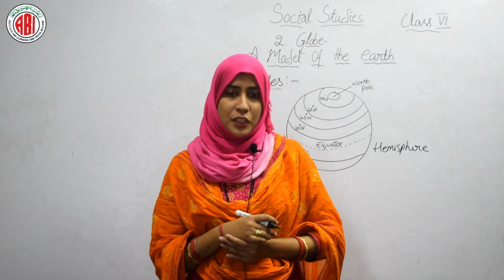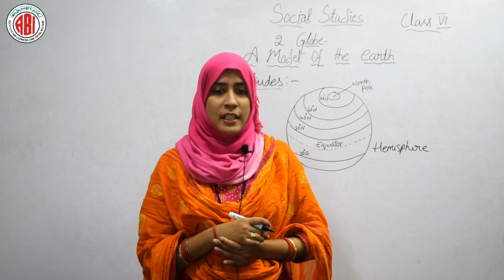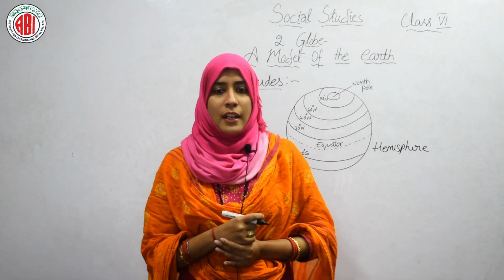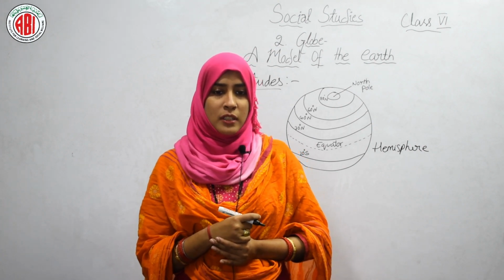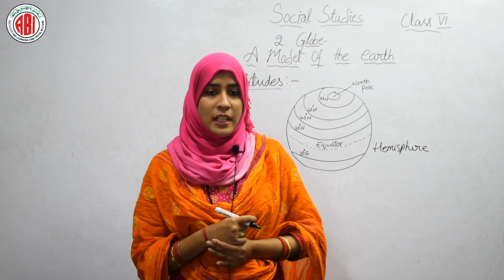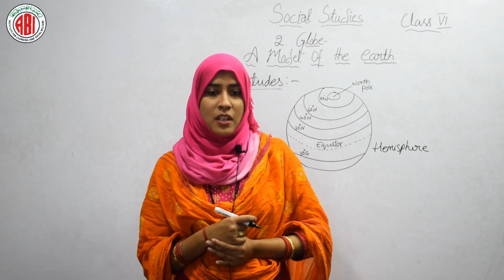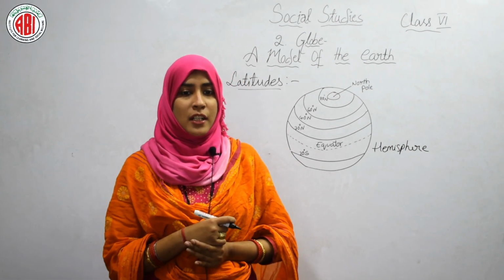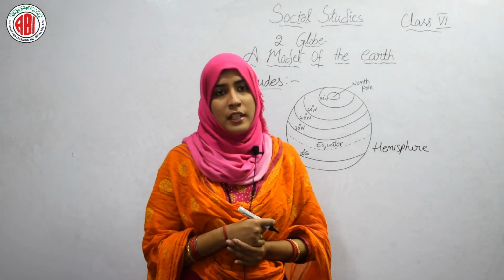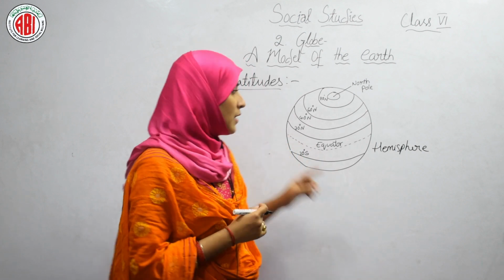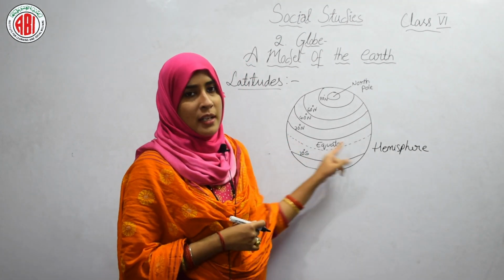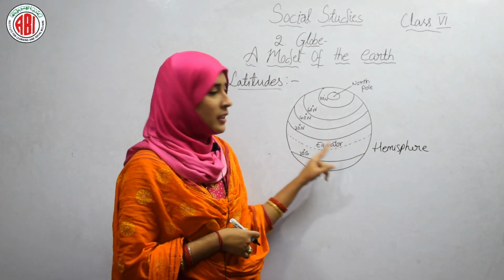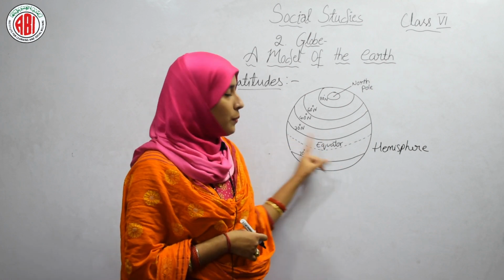Identify the equator on the globe and note down the continents it passes through. Also identify the northern and the southern hemisphere. In which hemisphere is India located? Which hemisphere has more water than land? So try to find out the continents which pass through the middle part of the globe.